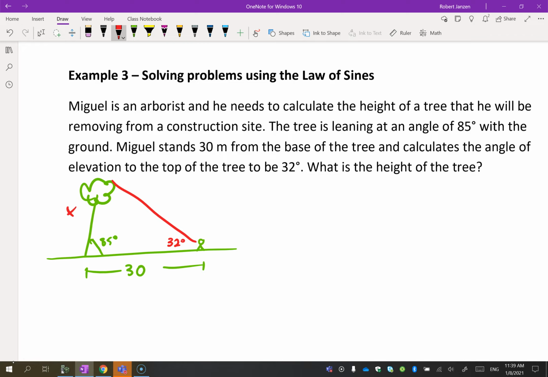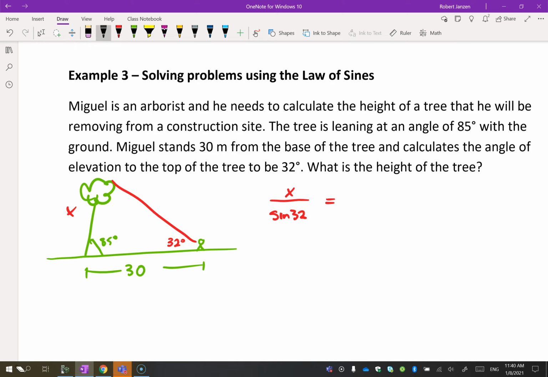Well, we don't have any ABCs here, but hopefully by now you're comfortable with the sine law to say, look, if I want to find x, this side corresponds with which angle? It's 32 degrees. And then I look over here and I say, I need another side and its angle to set up a proportion.